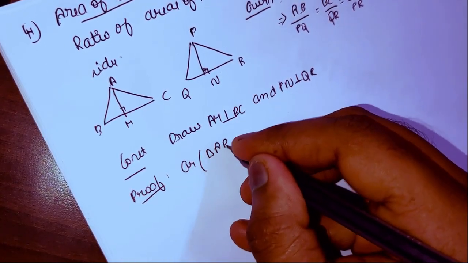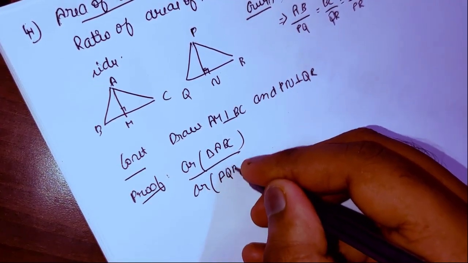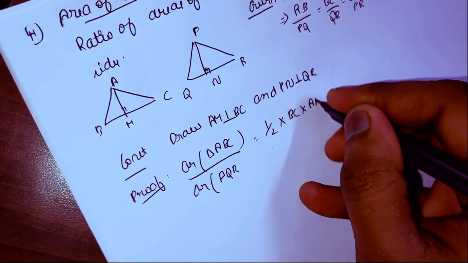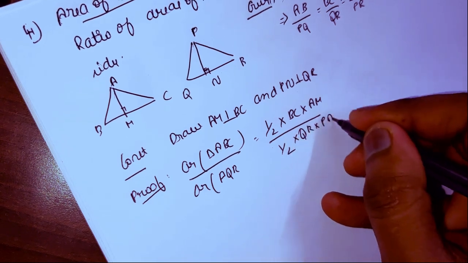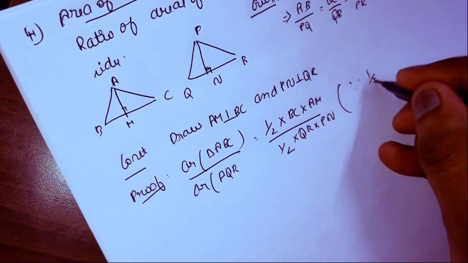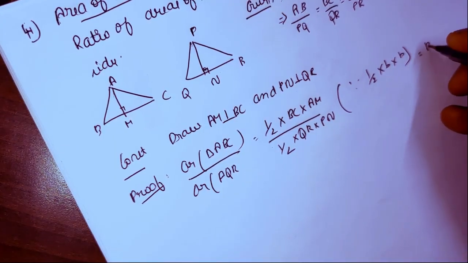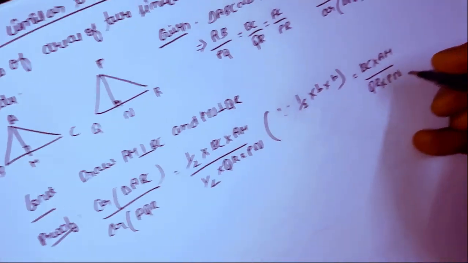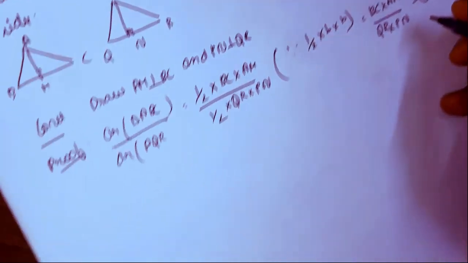Area of triangle ABC by area of triangle PQR is equal to half into BC into AM by half into QR into PN, using the half into base into height formula. This gives us BC into AM by QR into PN. Consider this as first equation by cancelling half.